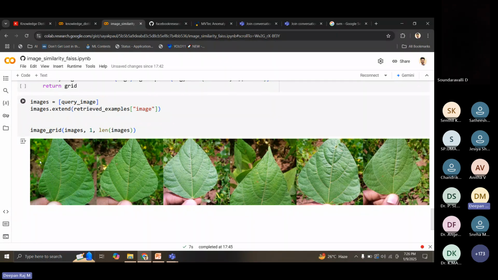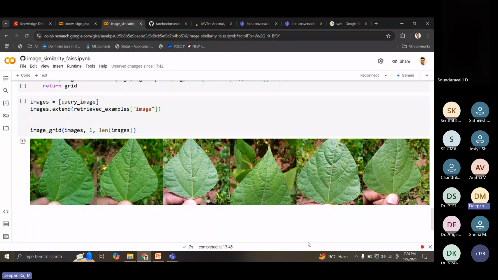All the images have focus only on the leaf, and the remaining is blurred out. You can see the similar images are also blurred out. If you see the scores, the most similar looking image will be this, and possibly this. This would be a little less, maybe because of the size or different texture. But these 4 images are very similar looking.